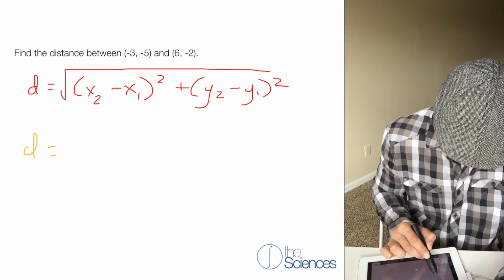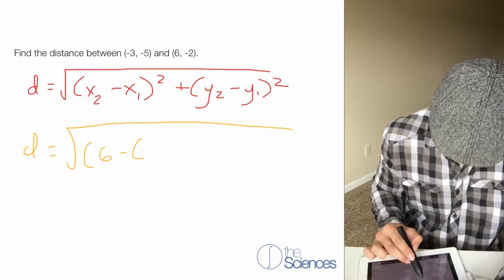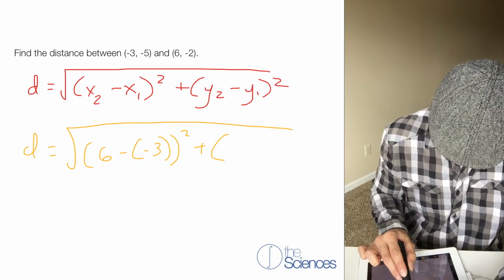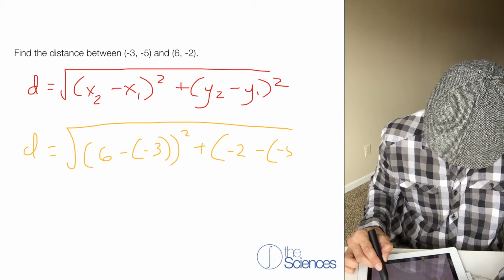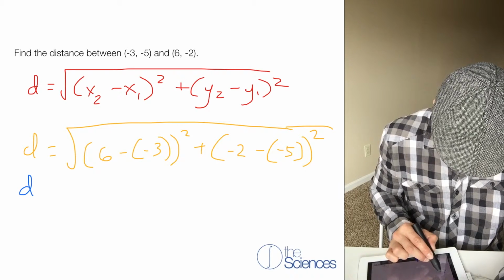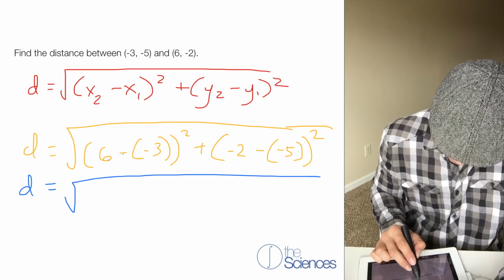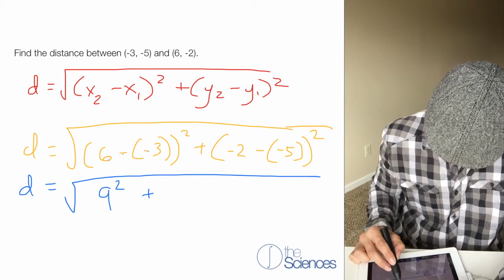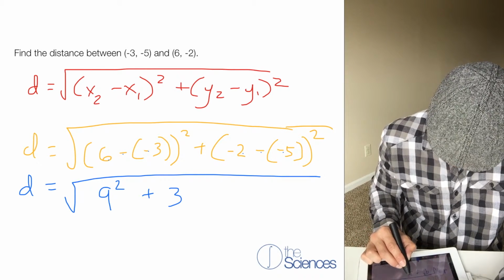So now we have x2, which is 6, minus x1, which is -3, squared, plus y2, which is -2, minus y1, which is -5, squared. So d equals the square root of 6 minus -3, which is 9, squared, plus -2 minus -5, which is 3, squared.